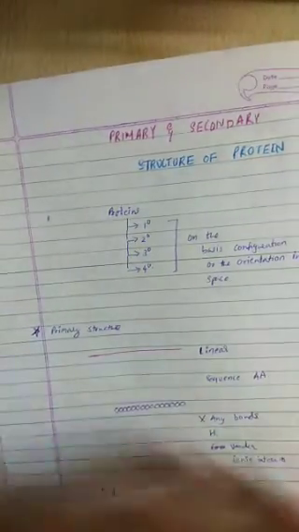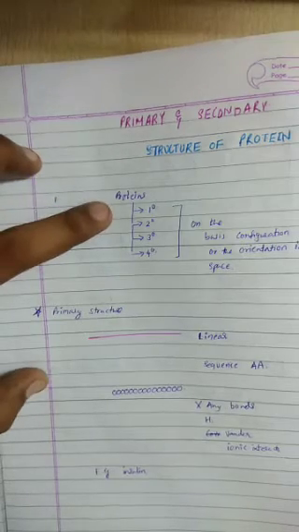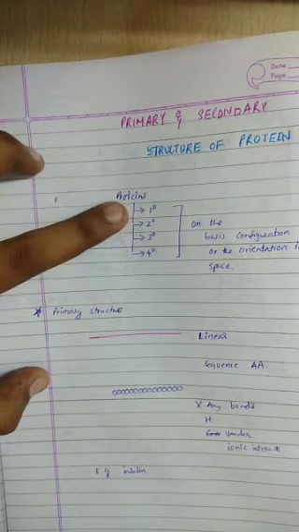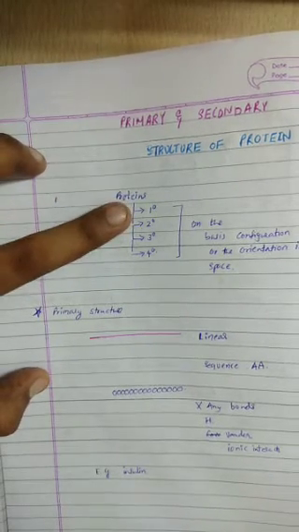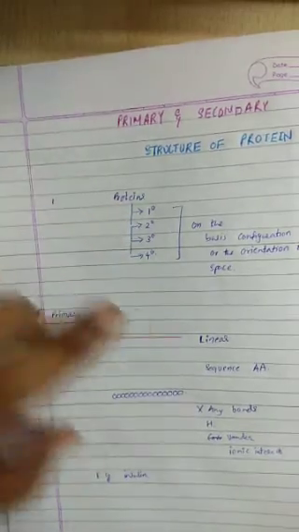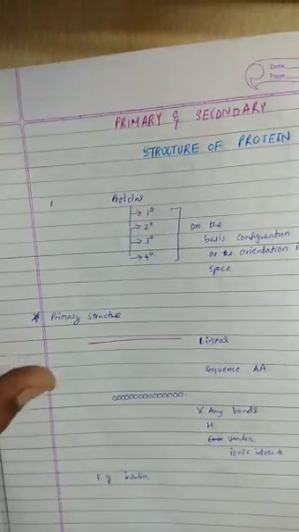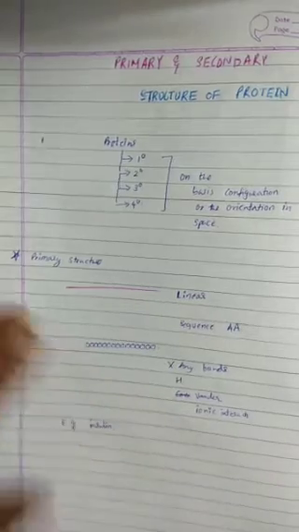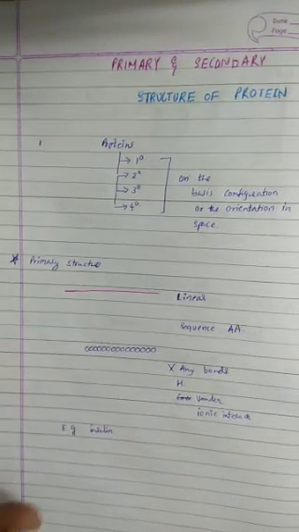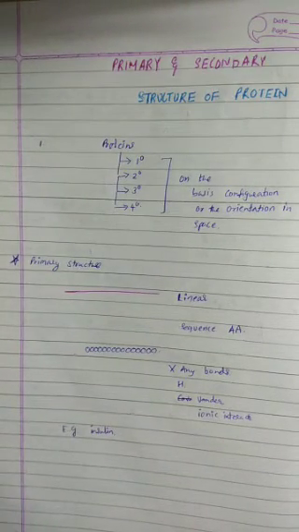So now we have discussed the primary and secondary structure of protein. Proteins are categorized into four classes: primary, secondary, tertiary, and quaternary, on the basis of the configuration and orientation in space. In the primary structure, the structure is a linear structure.